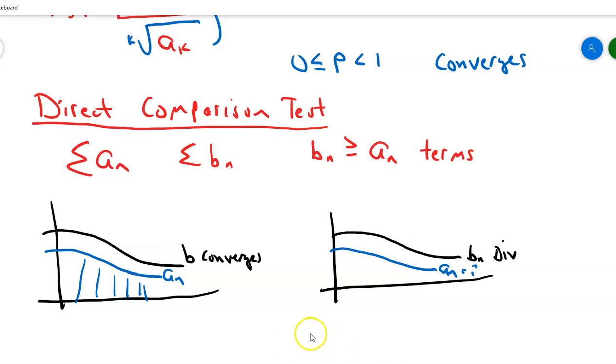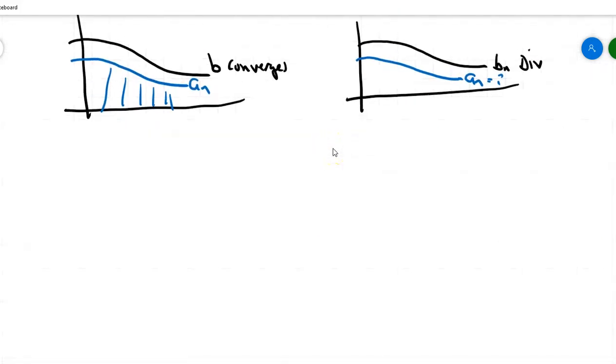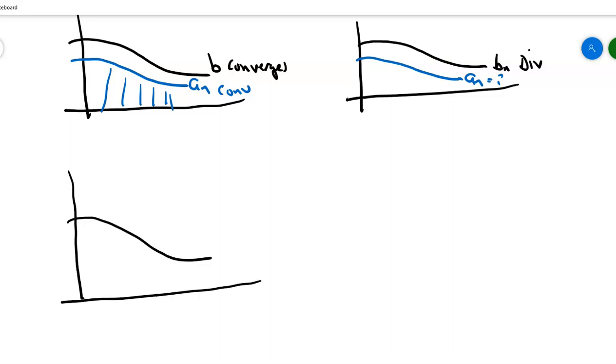All right, let's look at the other cases. So this is a case where the a sub n also converges. The third case would be, what if I know that the a sub n diverges? So here's my b sub n. Here's the a sub n. If I know that this thing diverges, if that area is infinite, then there's no way that the top one can be finite.